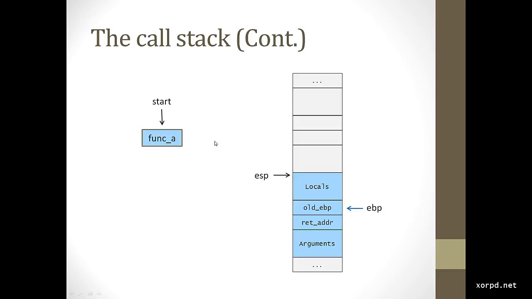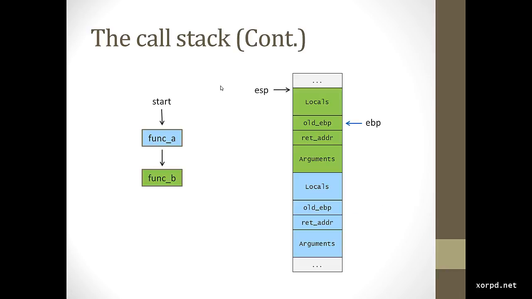Now assume that in the middle of func_a, a new function is being called. A new function is being called from the code inside func_a. Let's call it func_b. Now we get this picture inside the stack. We have another frame.